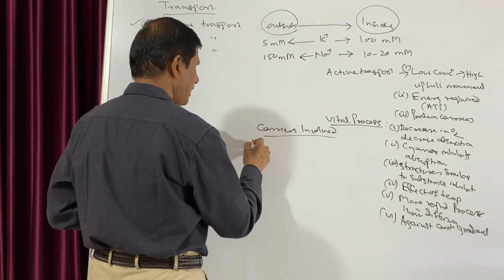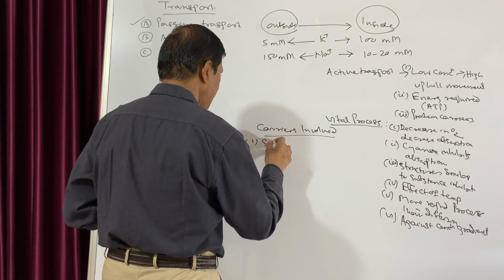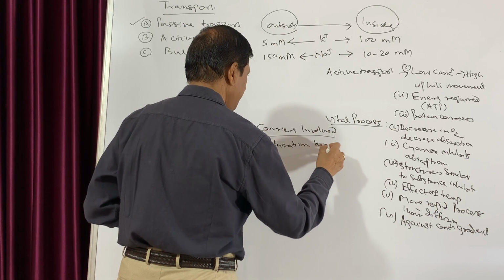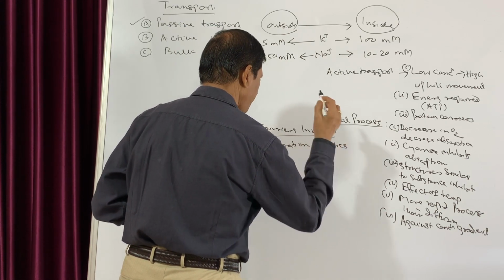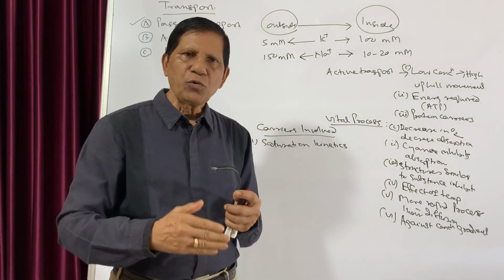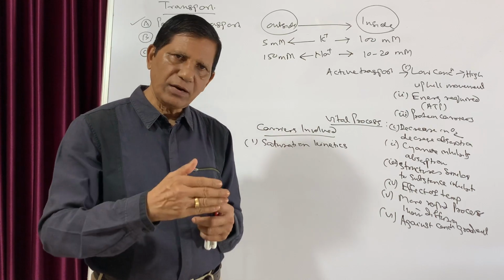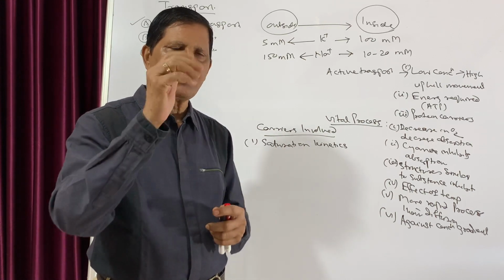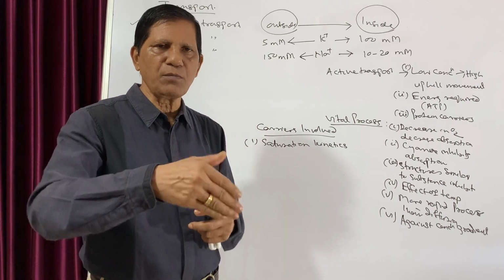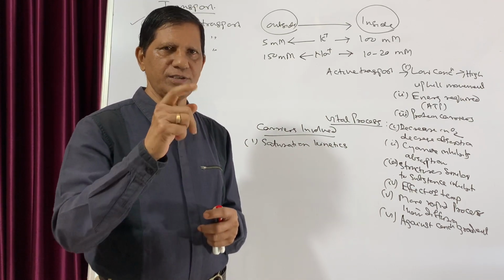So the first thing we can take is saturation kinetics. That means if you go on increasing the amount of solute, then there will be an increase in the amount of substrates absorbed, but only up to a certain extent.